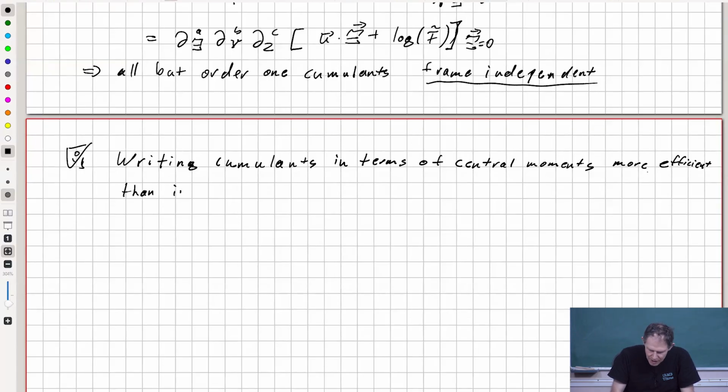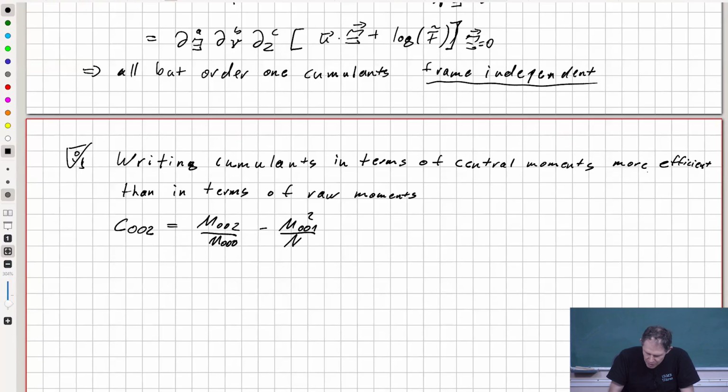We'll just see why this is the case. So let's look at this cumulant C002, which is M002 divided by M000 minus M001 squared divided by M000.